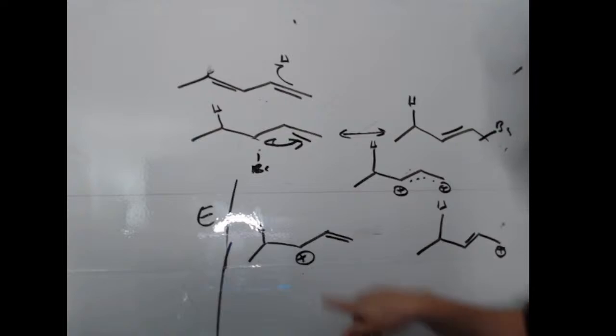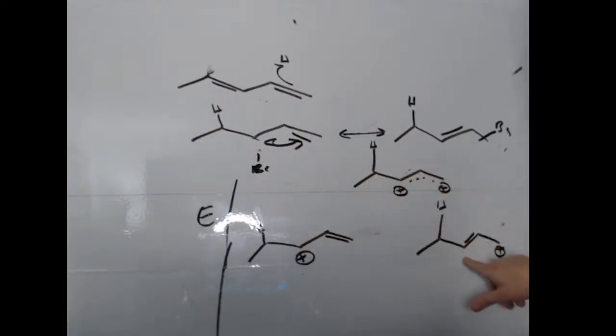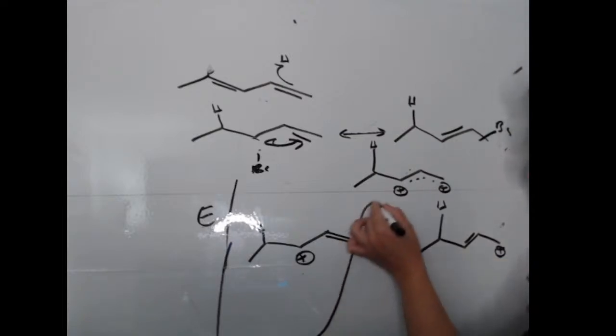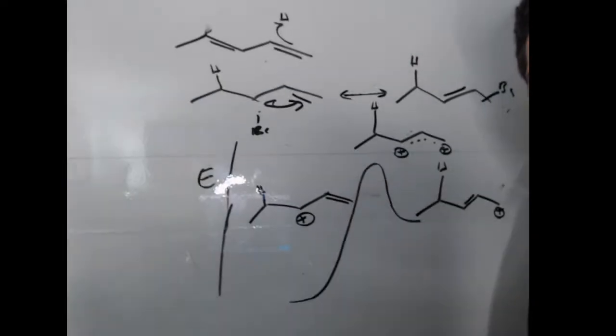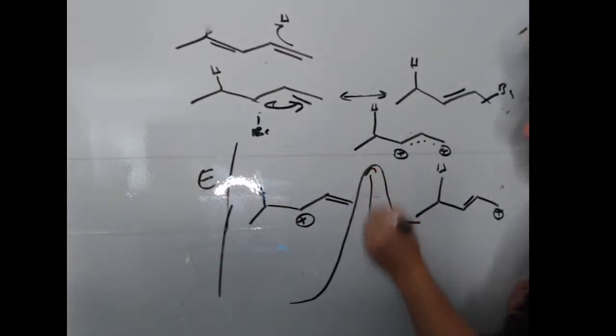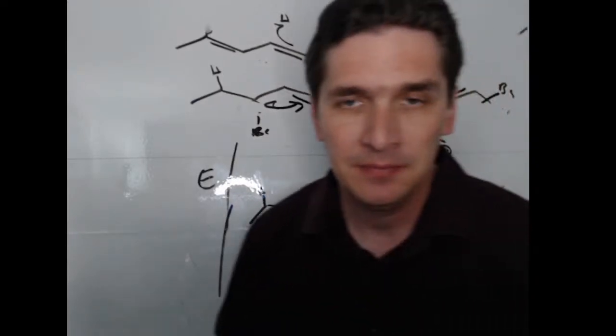So we've got our starting carbocation here. We've got the transition state where the double bond moves, and then we've got the final result where we've got the terminal carbocation. We're probably looking at an energy barrier that looks like that. And so the reason why we need that high temperature is to get over that activation barrier, EA.